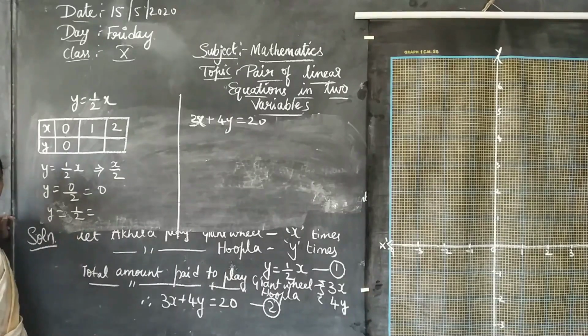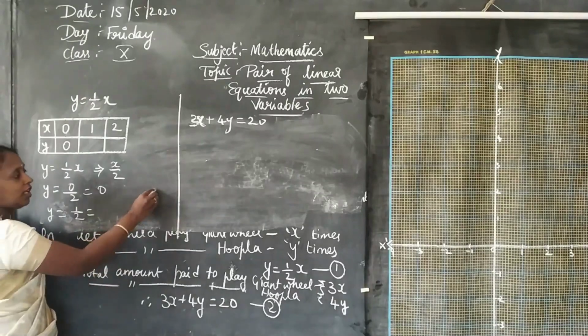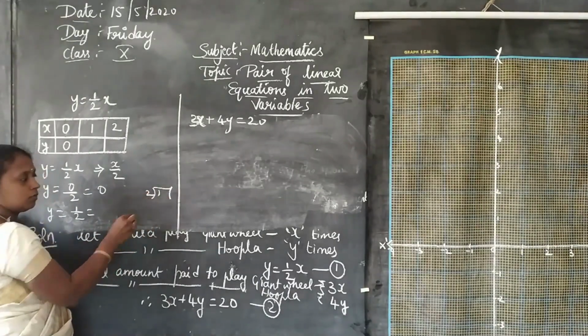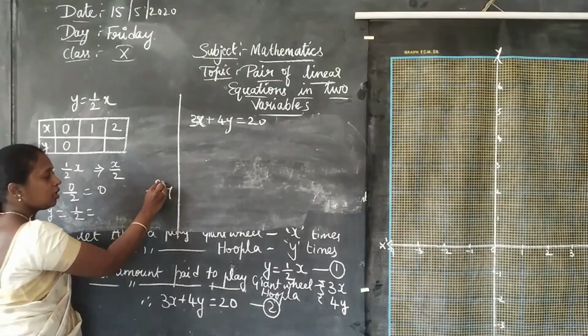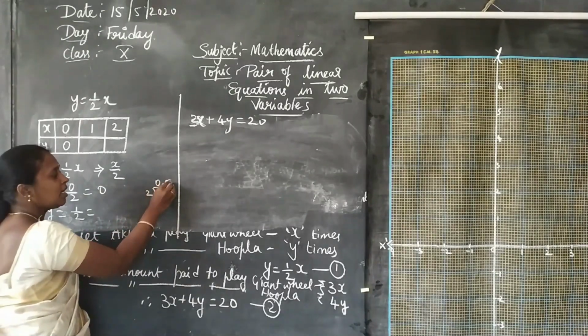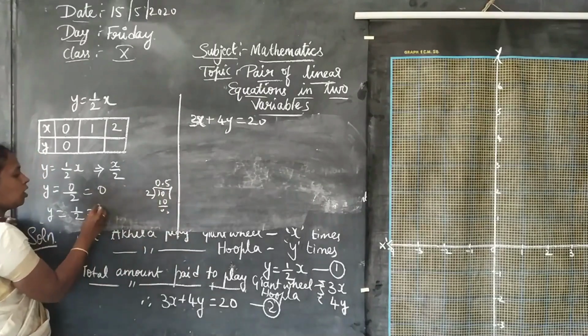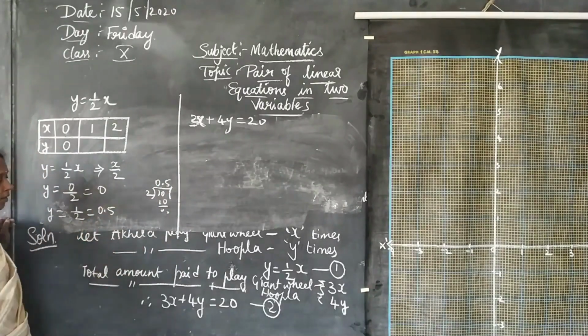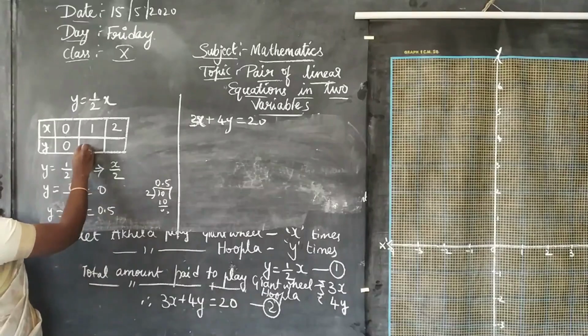What is 1 by 2? 1 by 2 is half, that is 0.5.